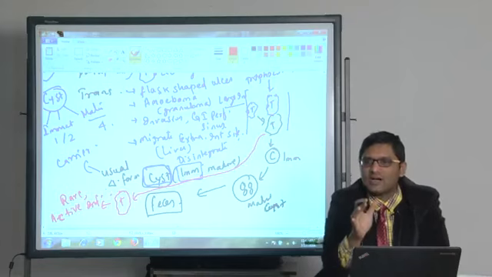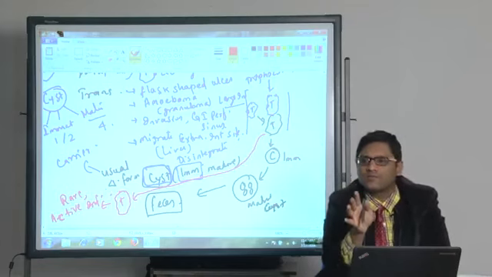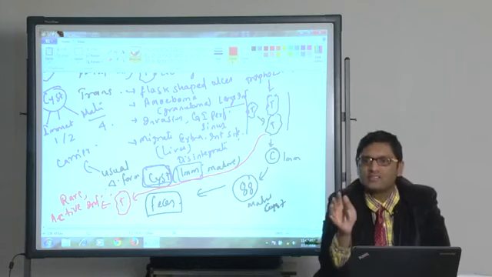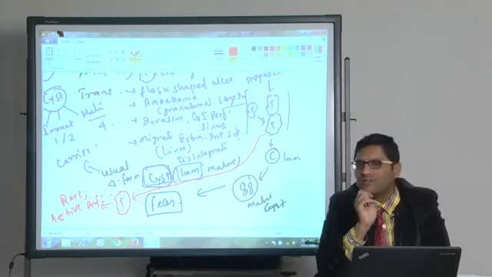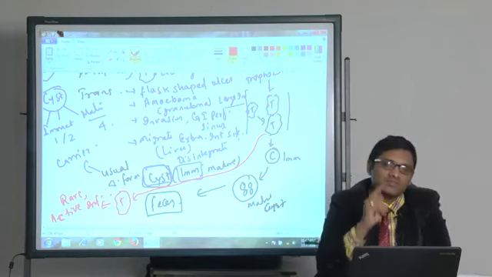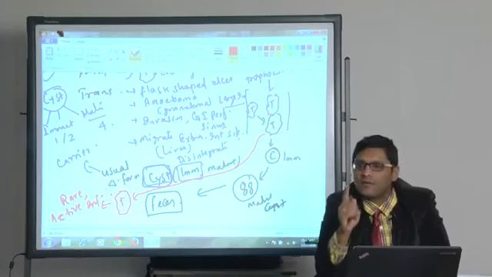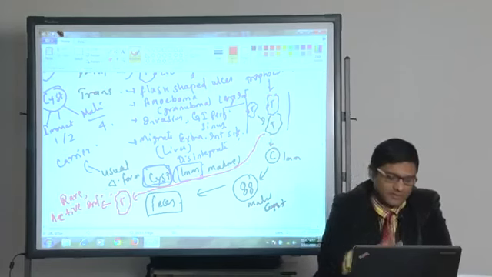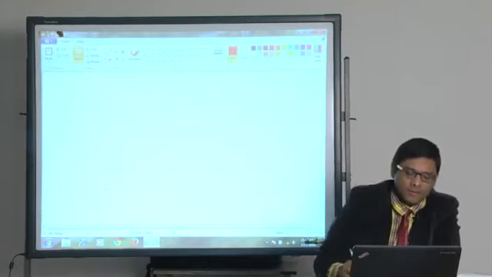Cysts are the routine diagnostic form, but they indicate carrier state. They cannot differentiate active and carrier stage, whereas trophozoites are released once in a while, but if they are present, they confirm the active infection. Okay. So, this is all about it.